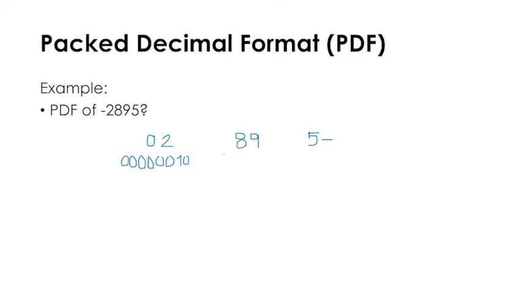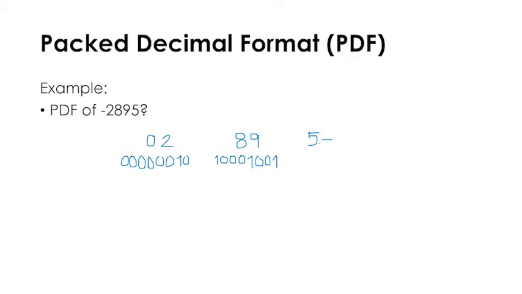For 8 and 9, the BCD format of 8 first is 1000, and for 9, it will be 1001.